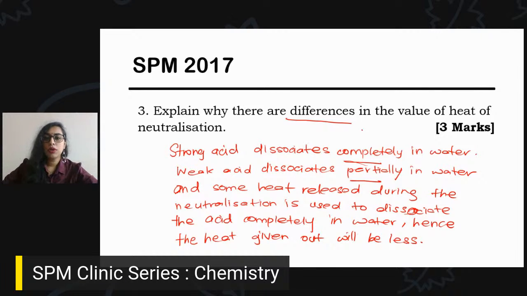Okay, so the moment when you talk about completely and partially, you will get 1 mark here, 1 mark here. And this part, when you explain that some heat is released during the neutralization is used to dissociate the acid completely, you will get 1 mark here, a total of 3 marks. This is why there's a difference in the value of heat of neutralization.